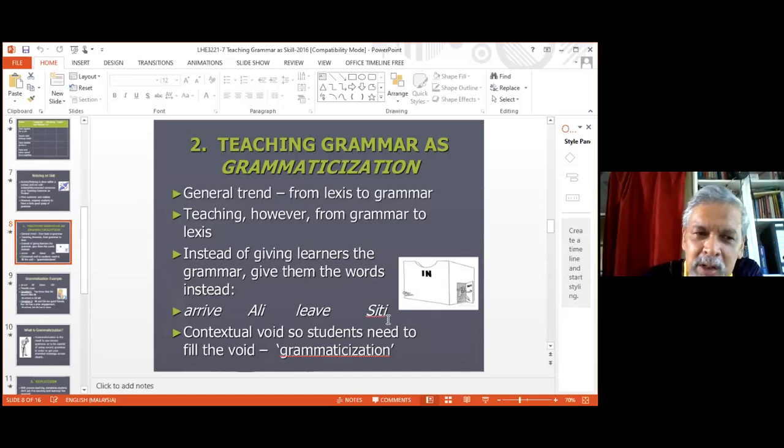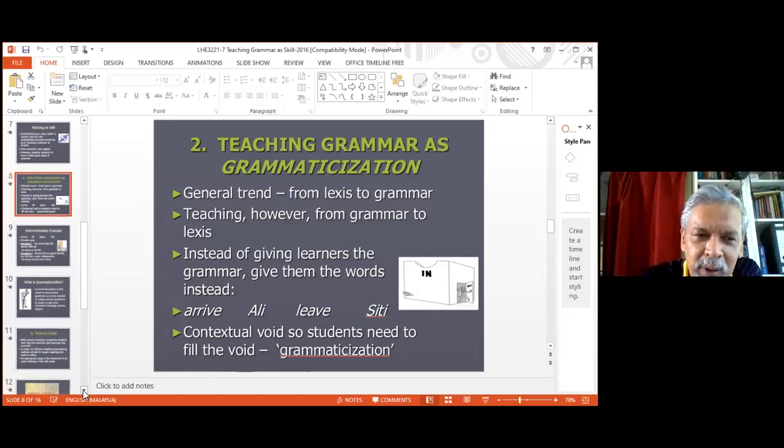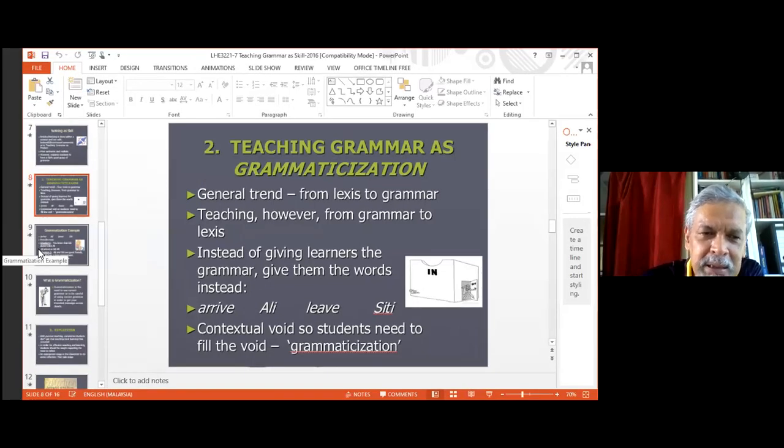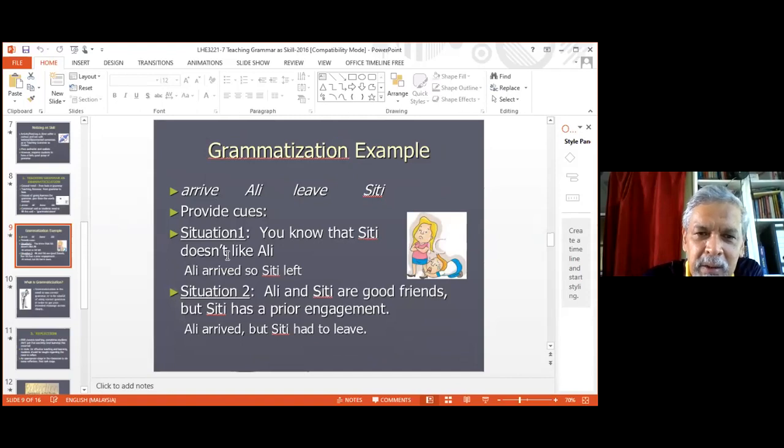To challenge the student a little bit, and to get them to think how they should construct this sentence, you need to provide cues. For example, situation 1: you know that Siti doesn't like Ali.